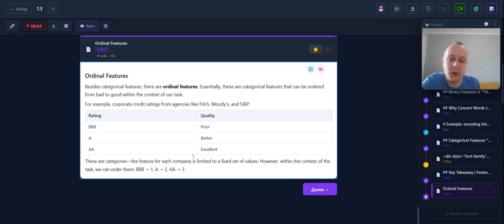Next one is ordinal features. Besides categorical features, there are ordinal features. Essentially, they are categorical features that could be ordered from bad to good.